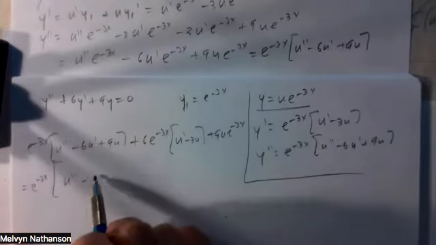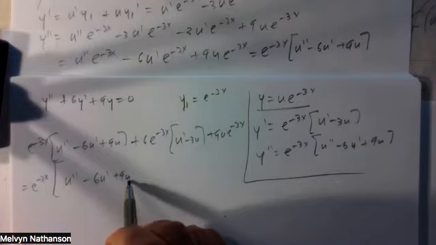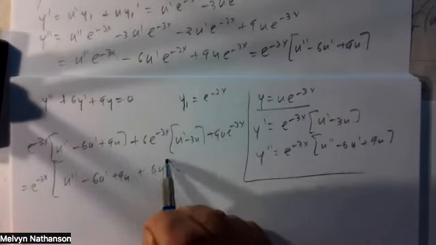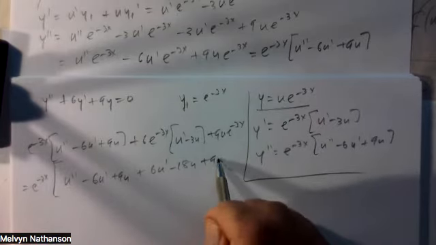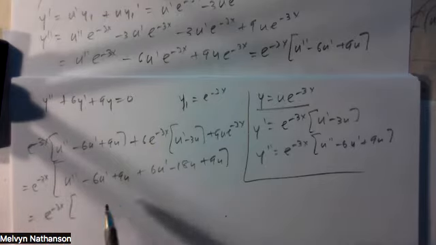I can factor e to the minus 3x out of all of that. I get u double prime minus 6u prime plus 9u plus 6u prime minus 18u plus 9u. That's e to the minus 3x.